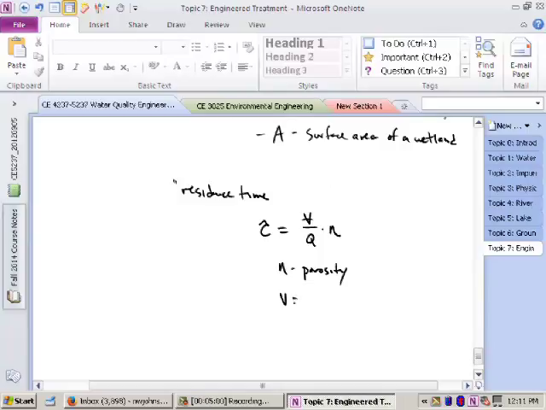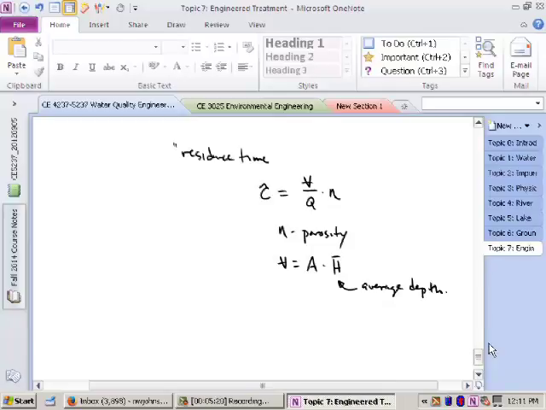Volume is equal to area, surface area times the average depth. And the residence time is an important factor, because that's how reactions typically proceed in the direction we want them to over time, and so we need to just provide enough time.